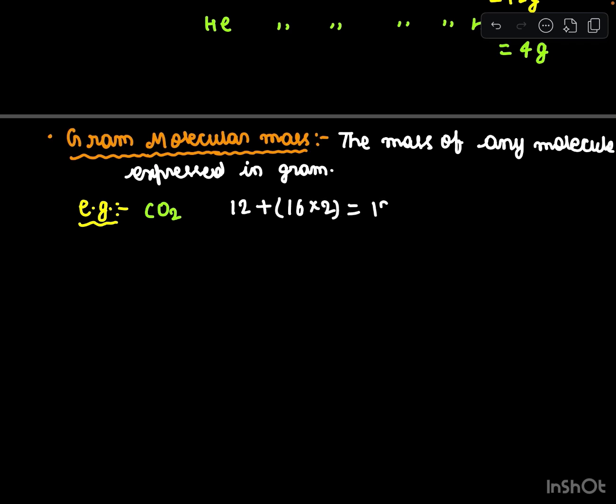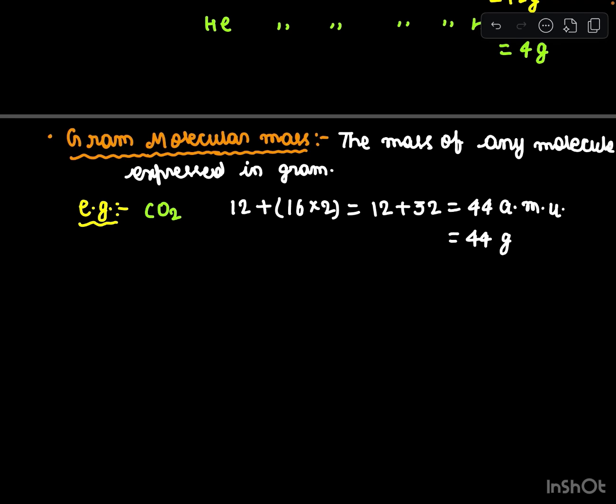Finally, we get 12 plus 32, which is equal to 44 mu. 44 mu is the molecular mass of CO2. We can also express it as 44 gram. So this becomes the gram molecular mass of CO2.